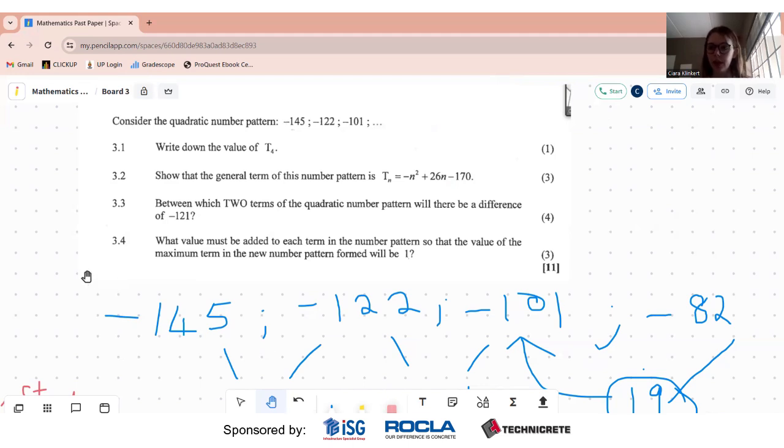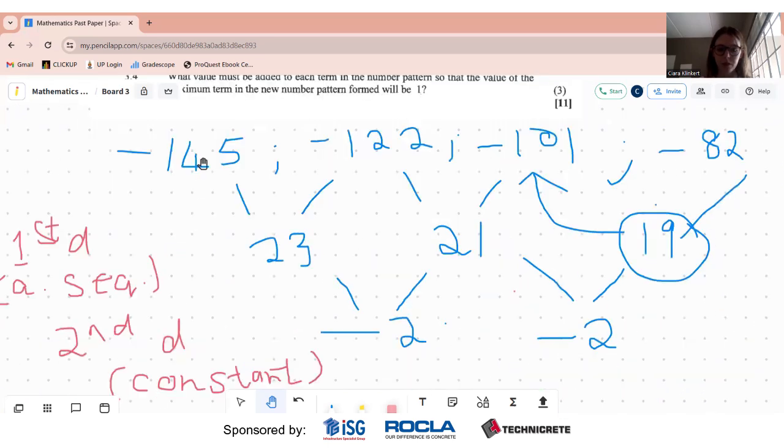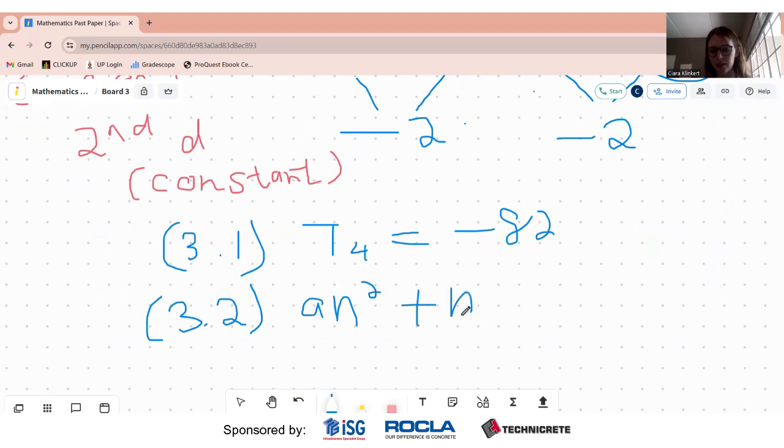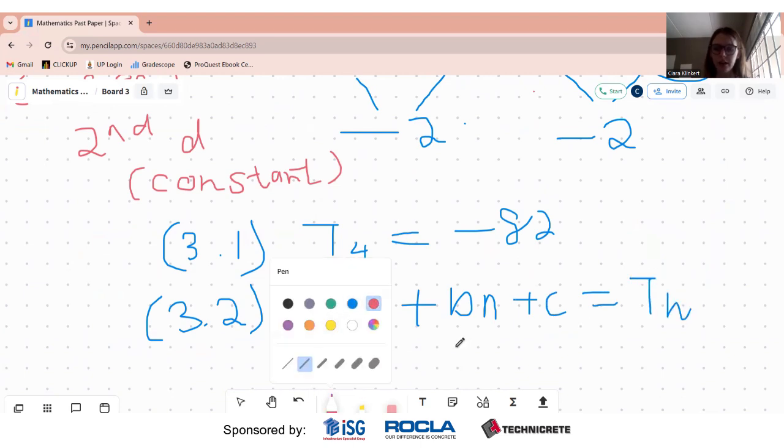So what I'm going to tell you now is something you need to memorize. The general term of the quadratic sequence is given by an squared plus bn plus c. So this is all equal to Tn. Now, I'm going to show you how to get a, b, and c.